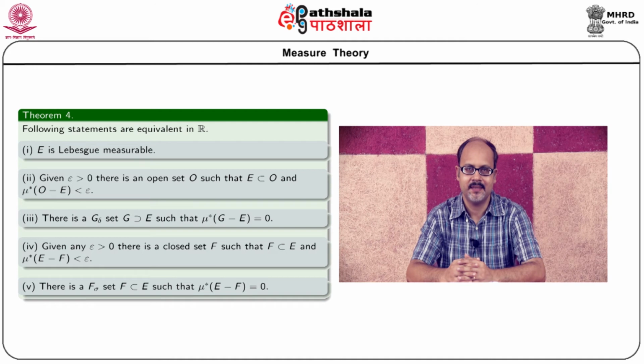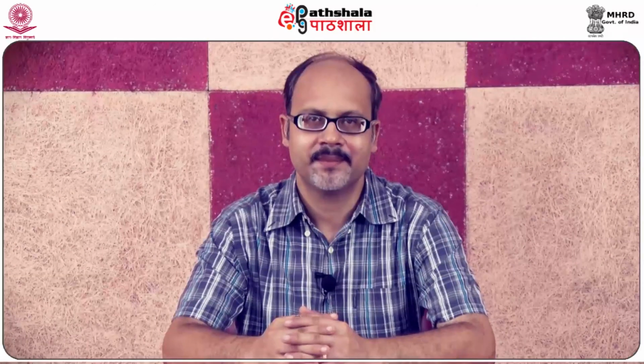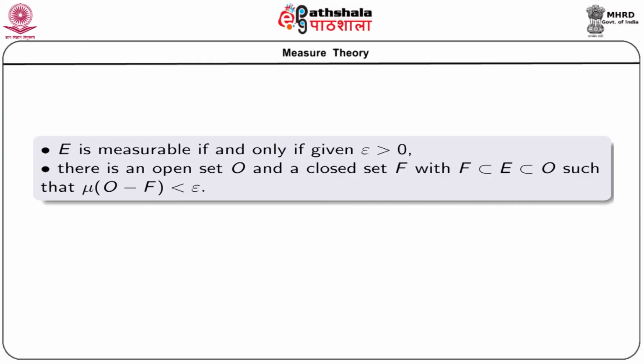On the other hand, the set F being an F sigma set is already measurable. So, the set E being the union of two measurable sets F and E minus F is also measurable, and this completes the proof.